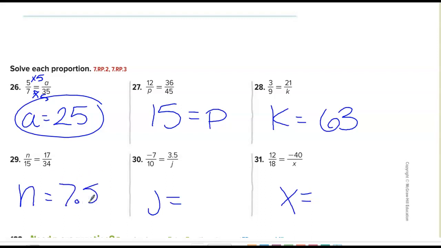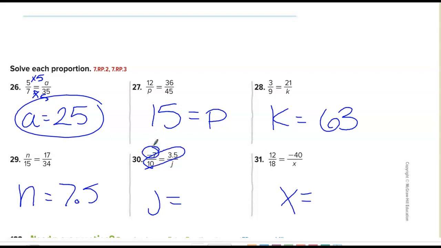Sean, what'd you get for 30? Do it, please then. Multiply these two. Divide by, well, I just told you how to do it. So take 10 times 35 and then divide by -7.